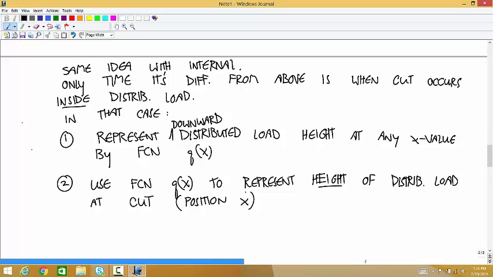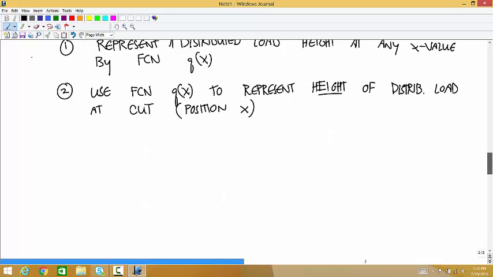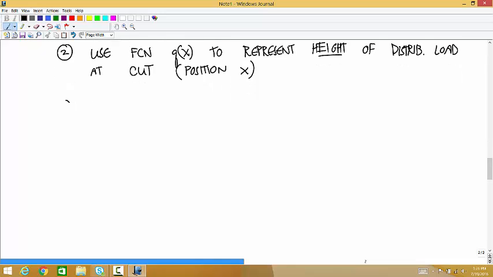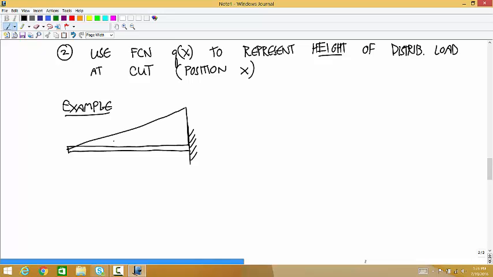Okay, so let me do an example. Let's say we have a cantilever beam with a triangular distributed load.